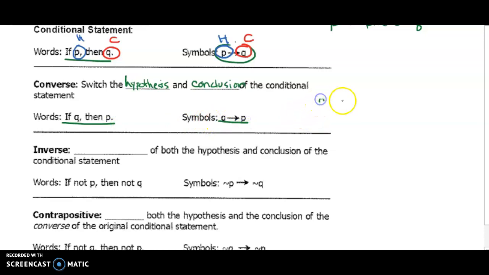And it also could be stated as Q implies P. Now let's think about this. Remember, the hypothesis always comes first. So here, our Q is my hypothesis. And it's flip-flopped, so now my P is my conclusion.